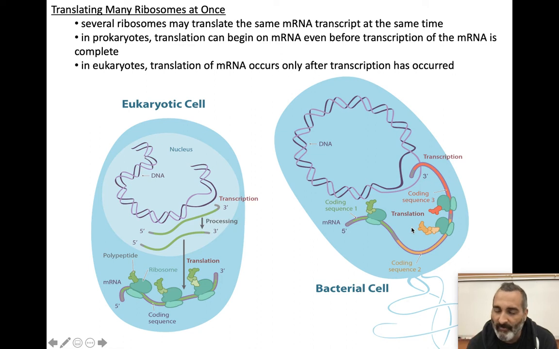Bacteria are a little different. There's no nucleus, so they can make the mRNA, and that mRNA can start being read by ribosomes before the mRNA is even finished being made. So bacteria, prokaryotes, can do translation at the same time they're doing transcription.